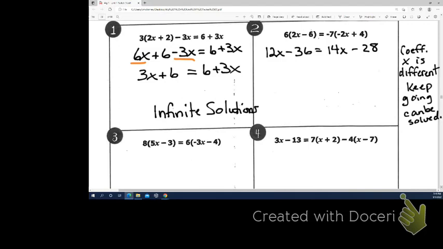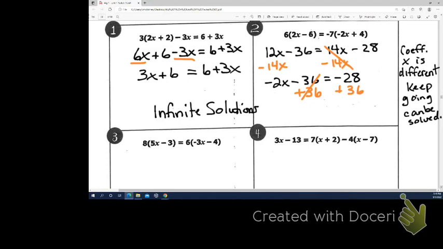And then I just treat it like the problems that were just on your other assignment. So I'm going to take away 14x. Because now that I have different number of x's, I can get them on the same side, and they don't all just cancel out because the numbers weren't the same on both sides. Then I can add to get rid of that subtraction.